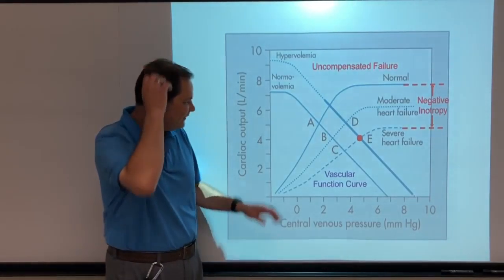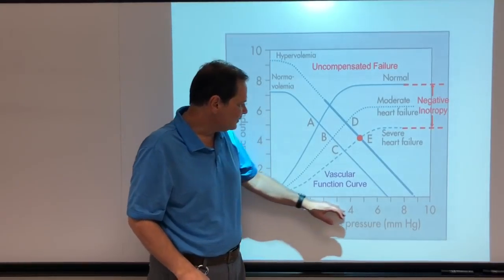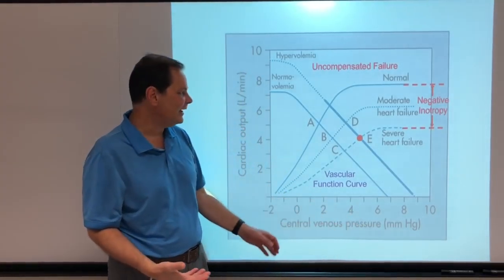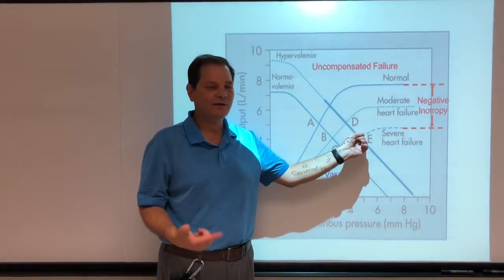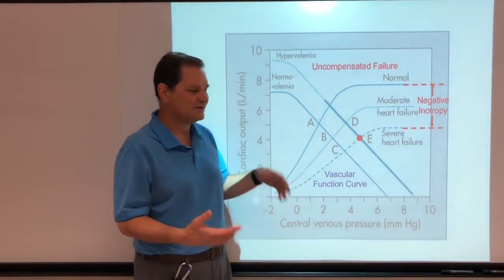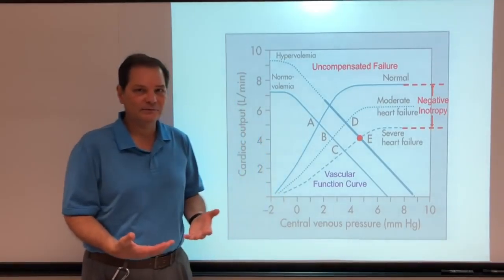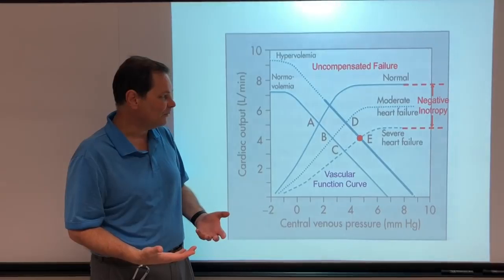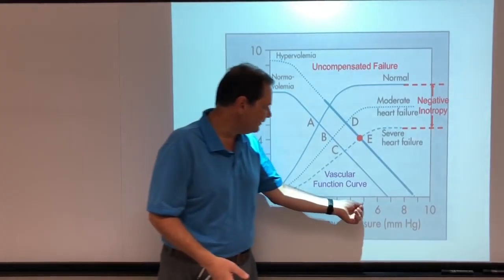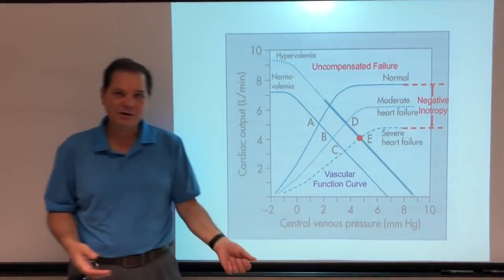So let's see why she's in heart failure. Her central venous pressure, we did this in an earlier lesson, is pretty high because your body is trying to increase filling pressure, to increase stroke volume, to get that cardiac output back up and maintain mean arterial pressure. So you've got a really high central venous pressure.